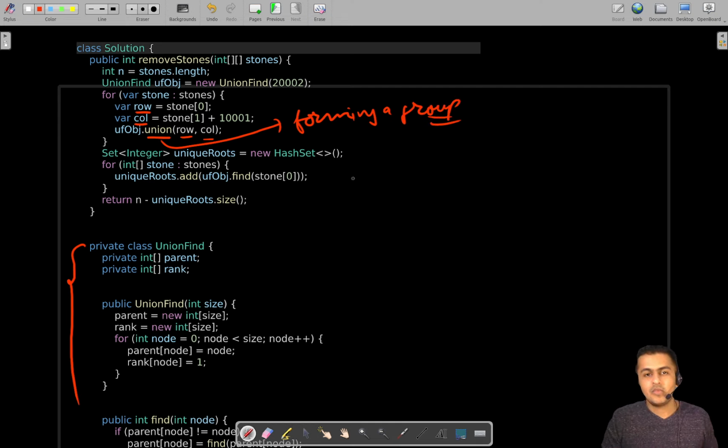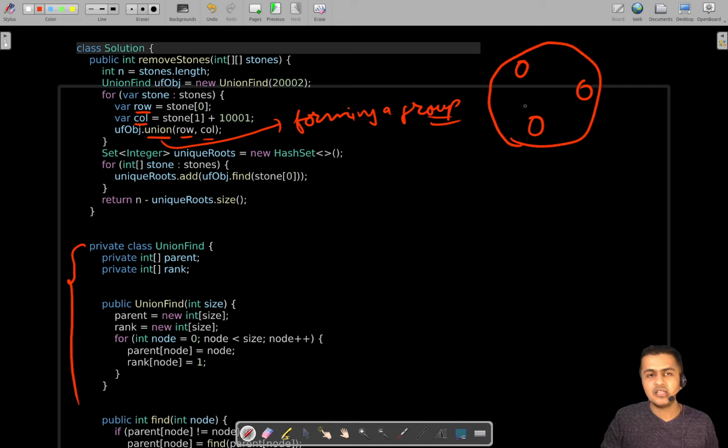And then each group will select a group leader. You can consider it like this: let's say there are three components or three stones in a group, and they say, okay, we will select a representative of ourselves, and that representative will uniquely identify our group.